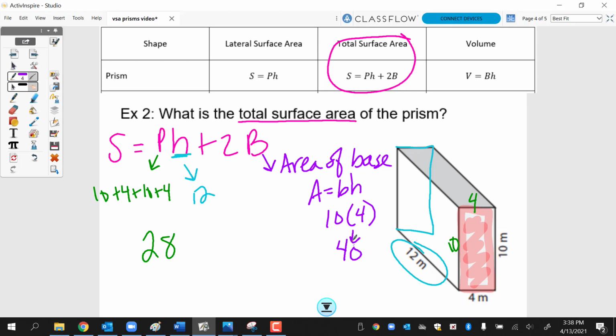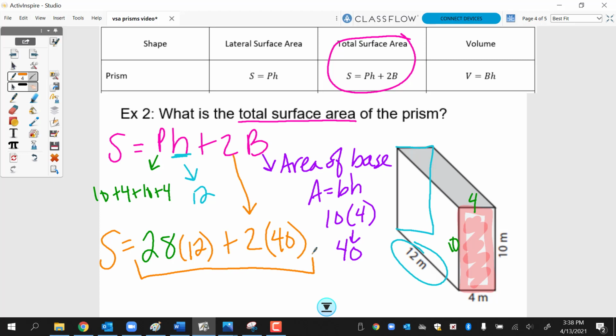Okay, let's plug in all our numbers. So I have, here we go. S equals, perimeter was 28, times the height of the prism is 12, plus 2. The 2 is always there because there's two bases. So 2 times the area of the base is 40.